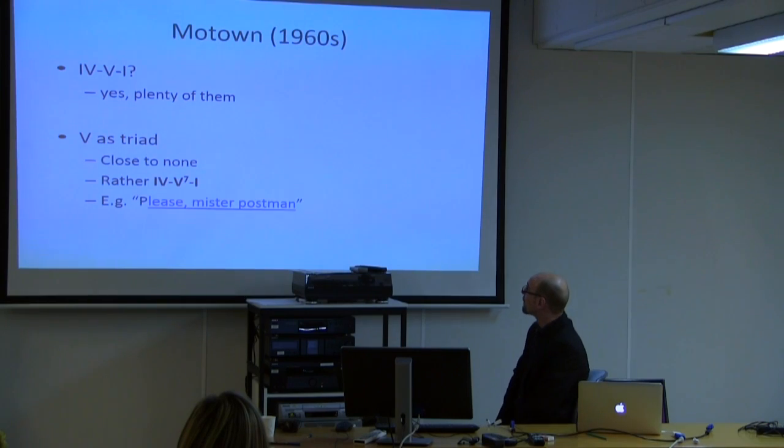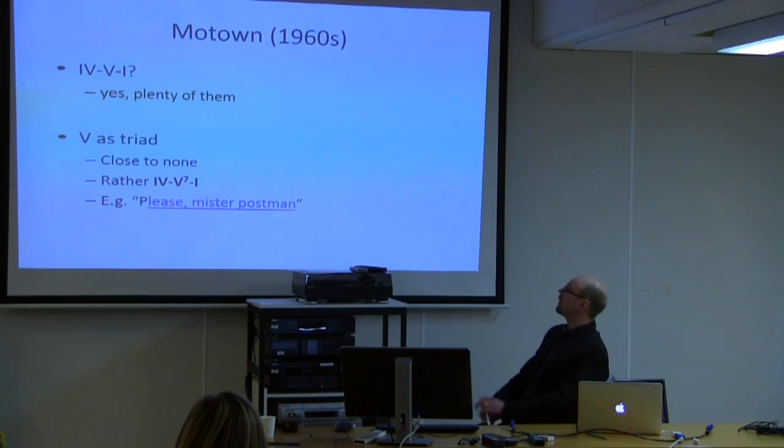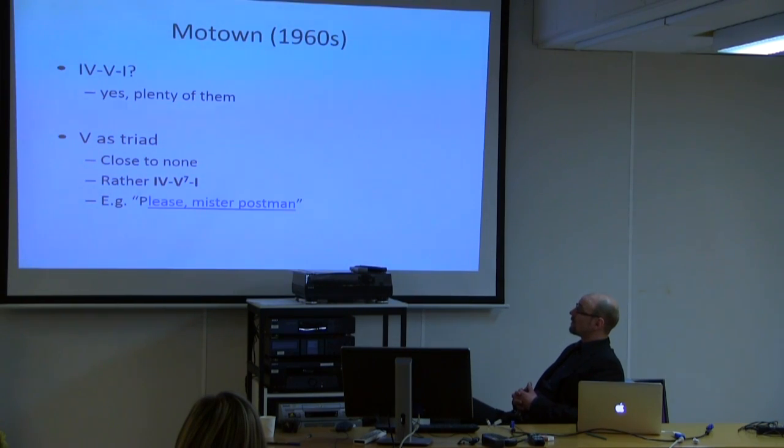Yes, and I'm ashamed that I really didn't have time to go through all of these, but the initial impression is that there's a lot of 4/5 ones, but the 5 seems to be at least almost always a 7th chord, not a triad.